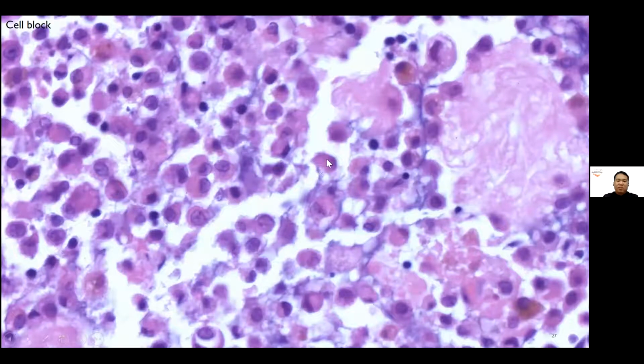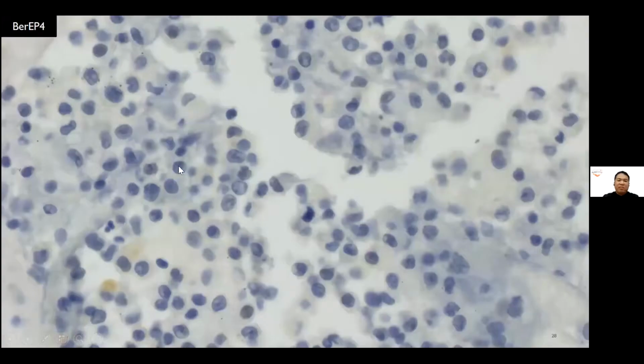In the cell block, even though some cells are a bit atypical, after fixation they look more like mesothelial cells. We did BerEP4 staining, and it is negative. The other stains are also negative, so we recommend emphasizing that these atypical cells may be normal mesothelial cells with degenerative changes.